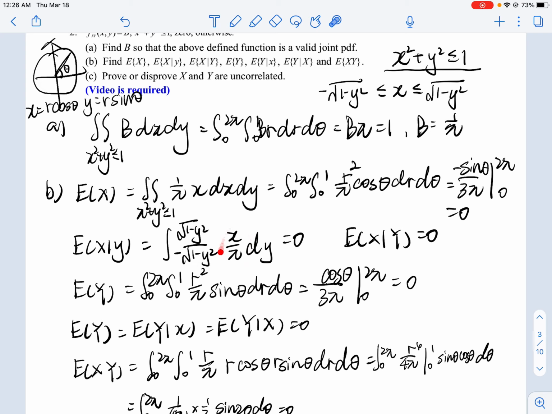And because this function is an even function, and the range has the same value on both sides, the result is 0. So for every y, the expectation of x is 0. So this item is 0 as well.